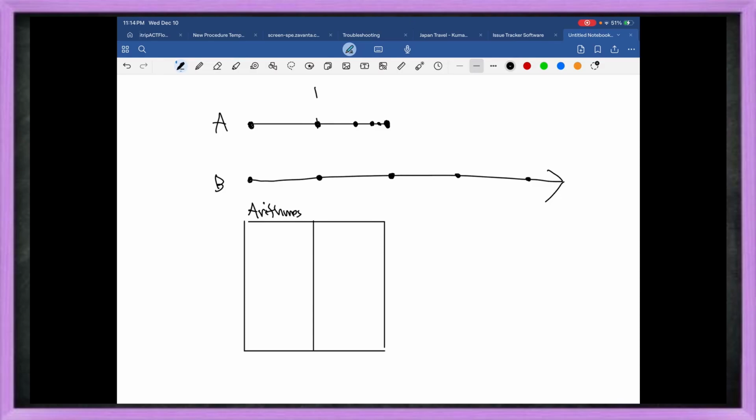And on the other side, he called it the logos arithmos, or logos, which means ratio, and arithmos, which means number. That arithmos means number.